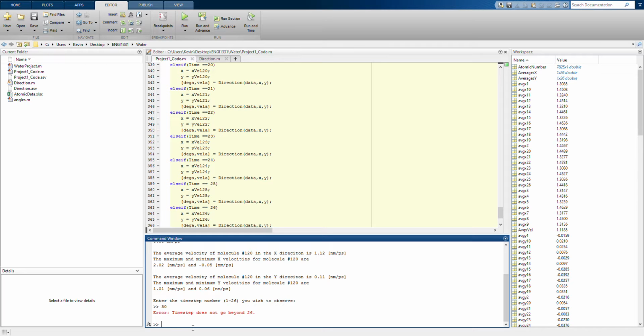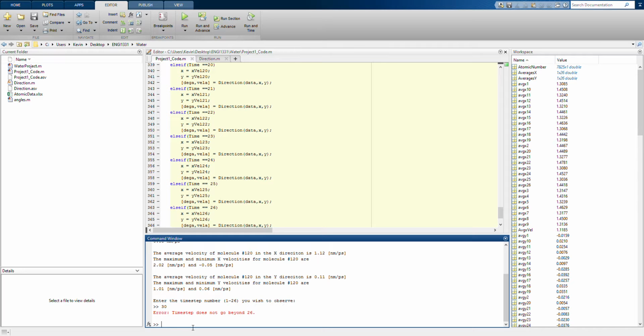So, the limitations of this code would be that we basically put it for molecule number 120. But if we wanted to print out something for molecule number, let's say 86, it wouldn't work because we only put in the data for molecule number 120.